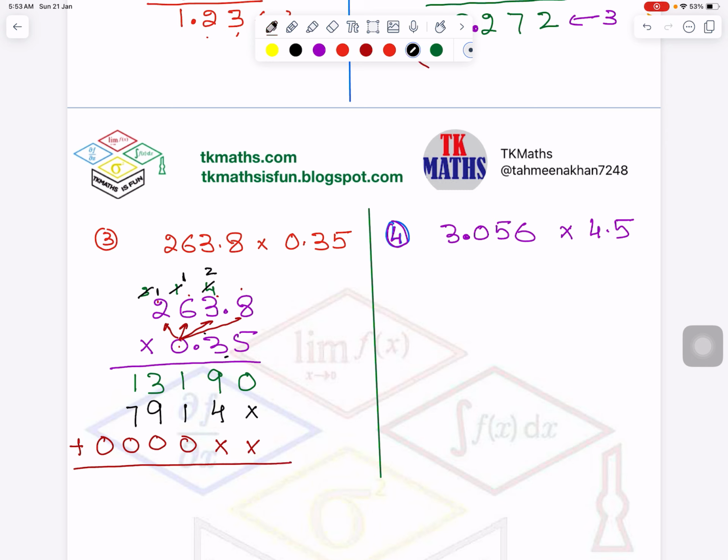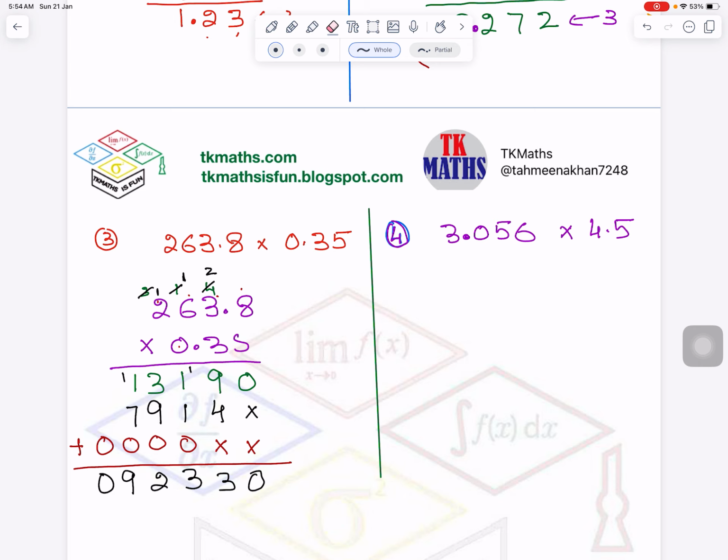Okay, so 0 plus 4 is... 9 plus 4 is 13. 1 will come here. 3. 9 plus 3 is 12. 9 and 0. Now we have to see where to place the decimal, right?